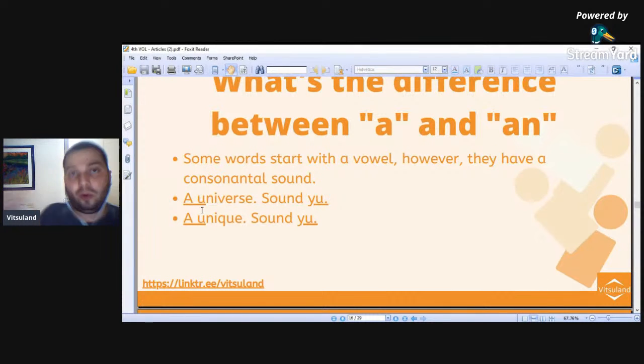So of course, if you're clever and intelligent, you already noticed that when you have a consonantal sound or consonants, we use a. A universe, a unique. So here we have a vowel, we have a consonantal sound, so we have a before these words.